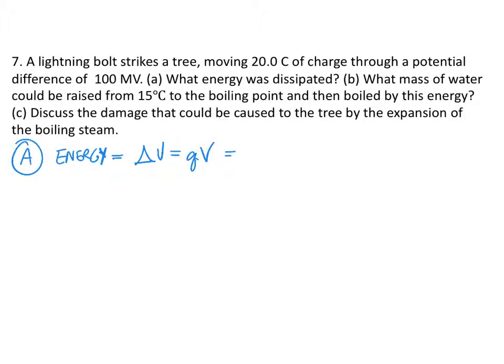And so we can just write 20 coulombs times 100 million volts. And so we get this really simple calculation. So 2 gigajoules. 2 times 10 to the 9th joules.